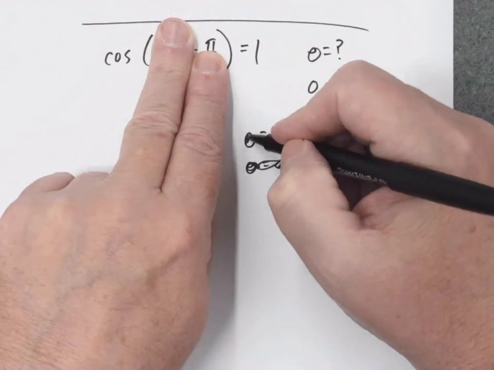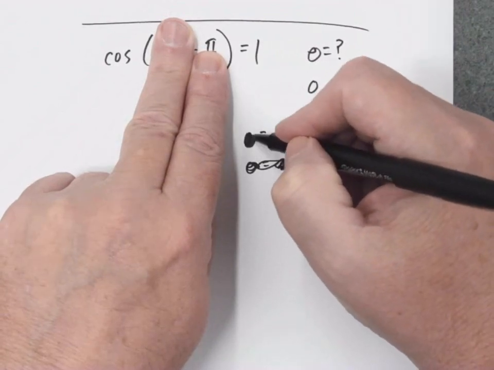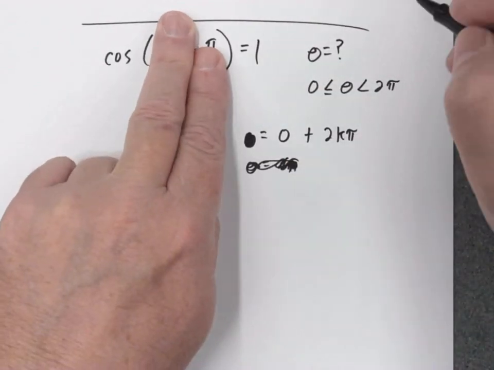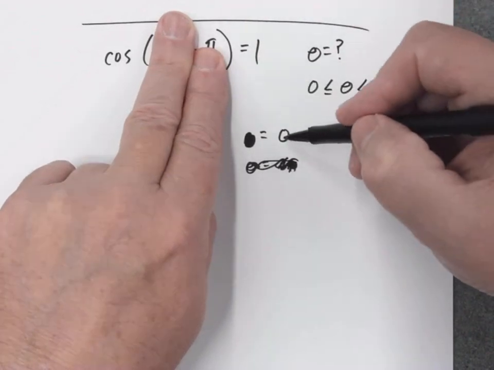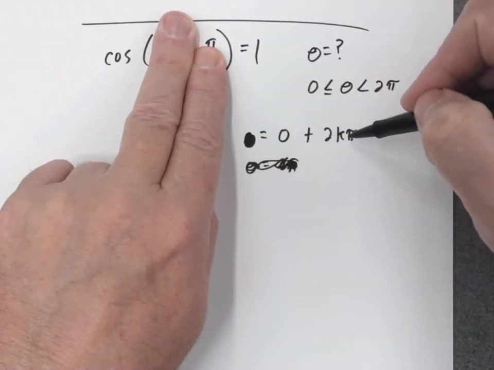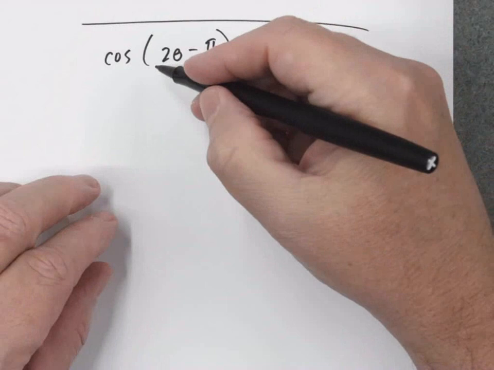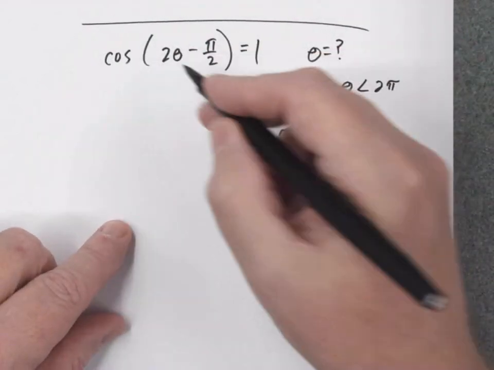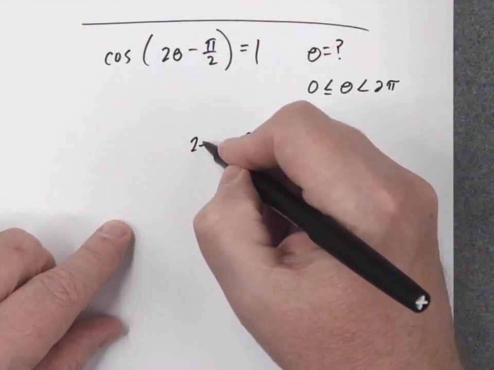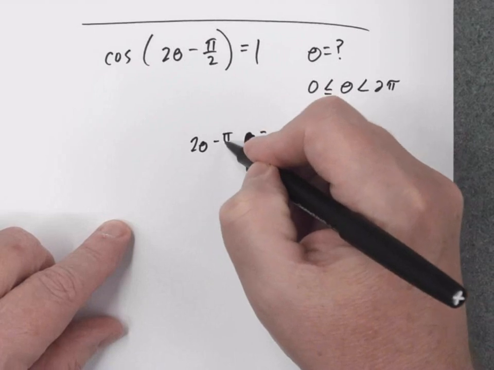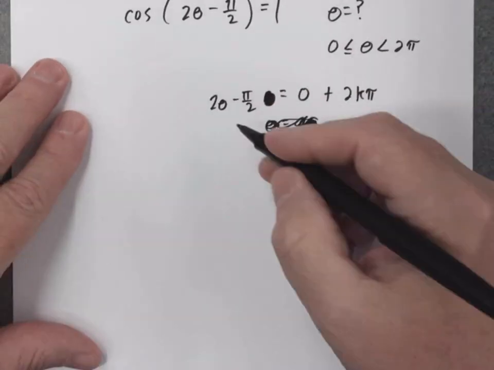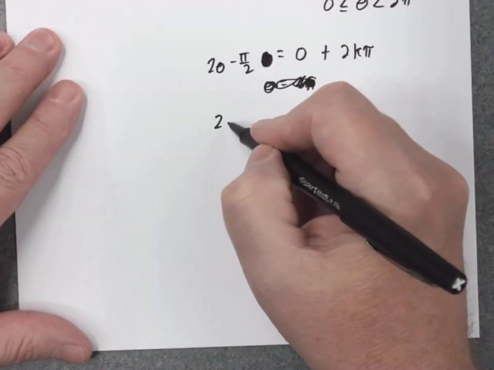But I should not have done this here. I don't want to put theta there. Instead, I just want to put my angle here. And then, on the left-hand side, I want to bring down this, which is pretty messy, so let me rewrite it.